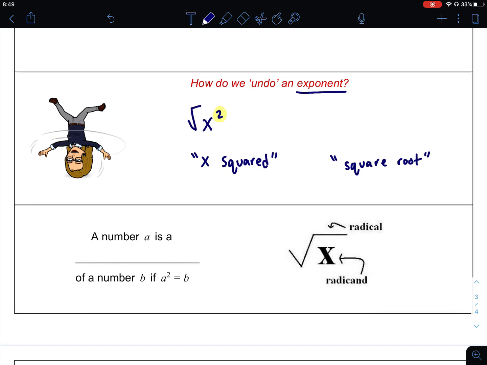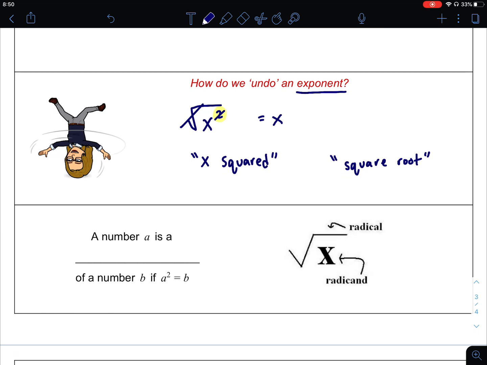If we took the square root of this expression, the square root and the squared would cancel out and we would get x. So this next definition here, this is like the formal mathy definition where we take away the example and we put everything in terms of a's and b's and it gets confusing.